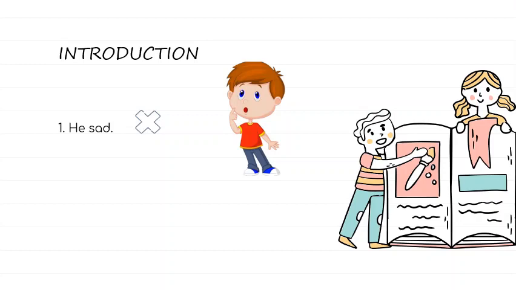Now let's see if you guessed right. He is sad. Is this a correct sentence? Yes, it is. So, here is a very important word in our sentence to make it complete and correct.